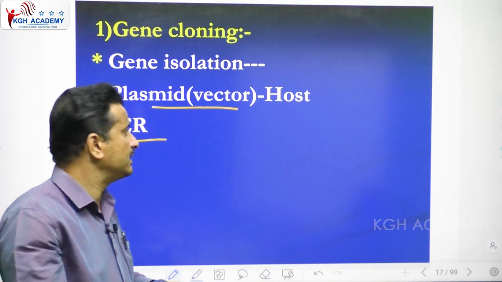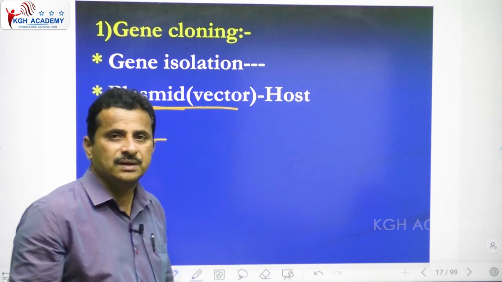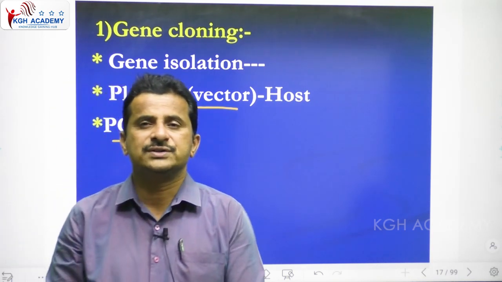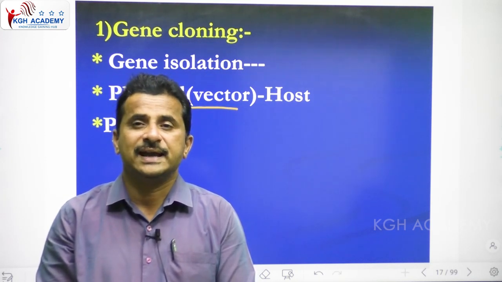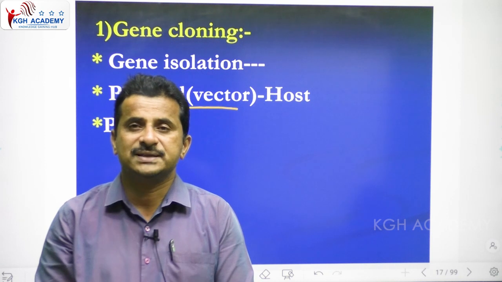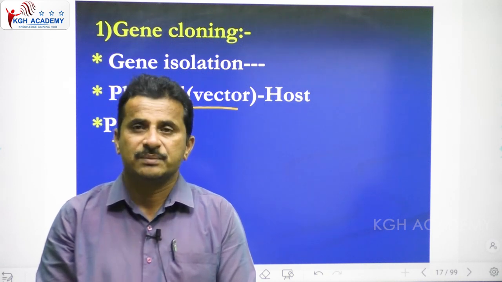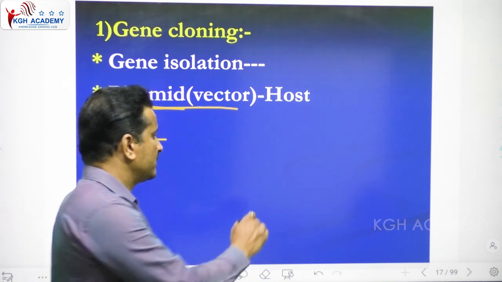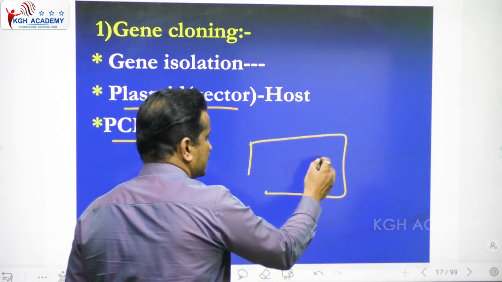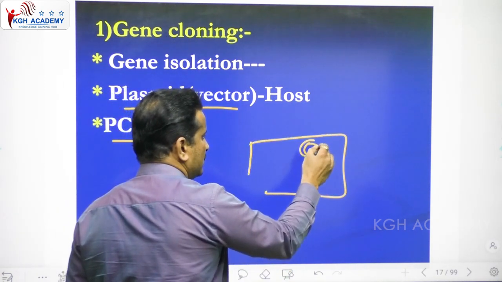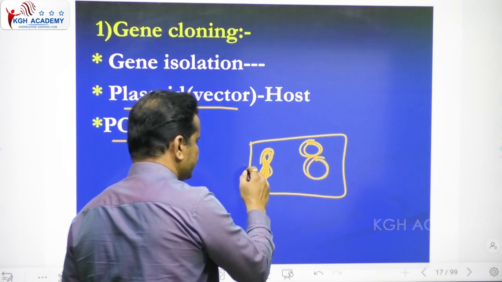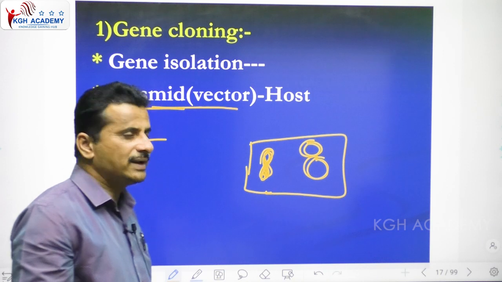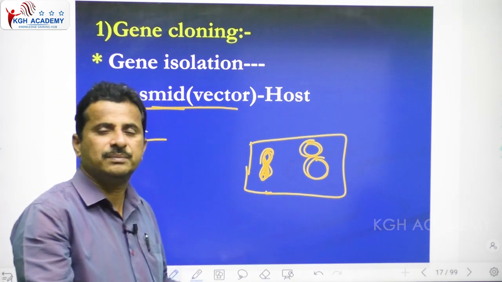Here vectors are nothing but plasmids. Plasmids we are using as a vector. What are plasmids? Plasmids are extra circular DNA copies present in bacteria. So a bacterial cell contains round or circular DNA pieces apart from the chromosome, extra circular pieces called plasmids.